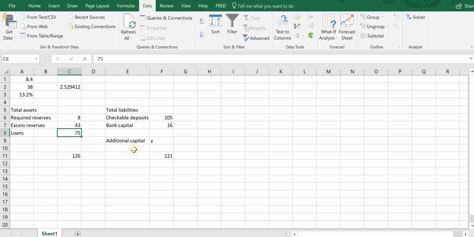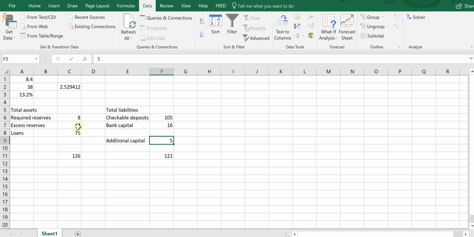And then this additional capital, why don't we simply set this y as we just did using algebra to solve out this y. We just use this additional capital as the unknown y. Y here is 5. Obviously, that's an arbitrary number.